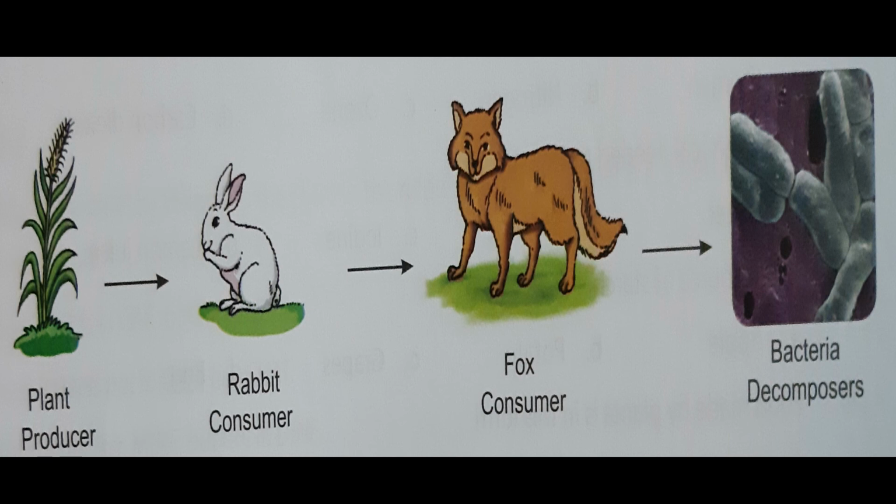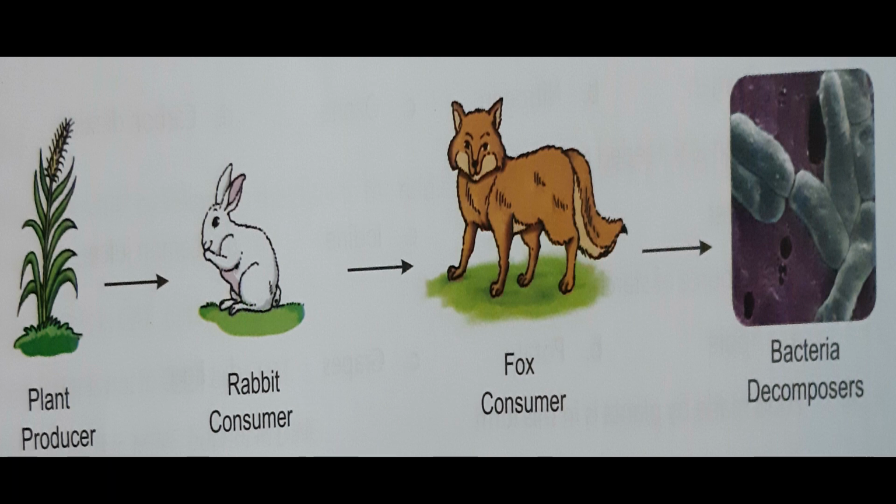And next, the rabbit is eaten by the fox. And the fox is also a consumer as it depends upon the rabbit for food. Rabbit and fox both are consumers because these two are animals and they depend upon others for food.